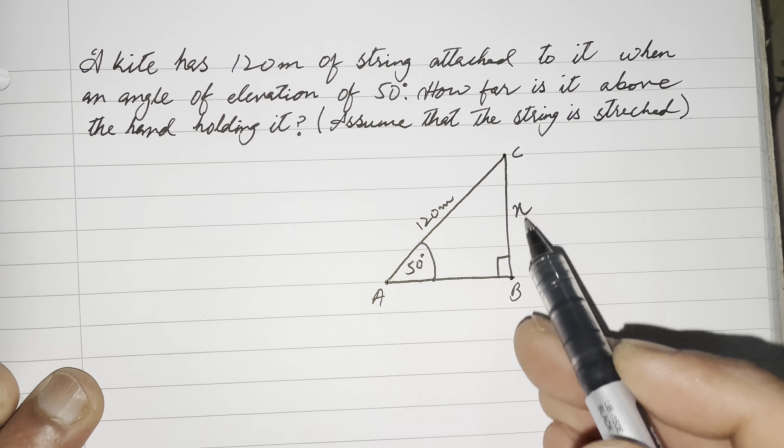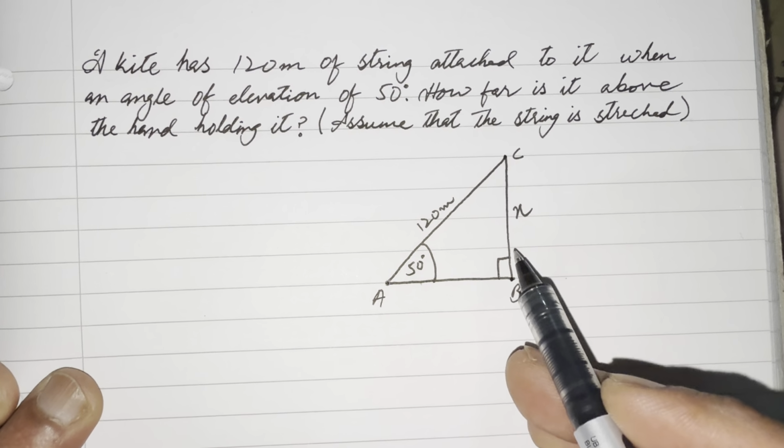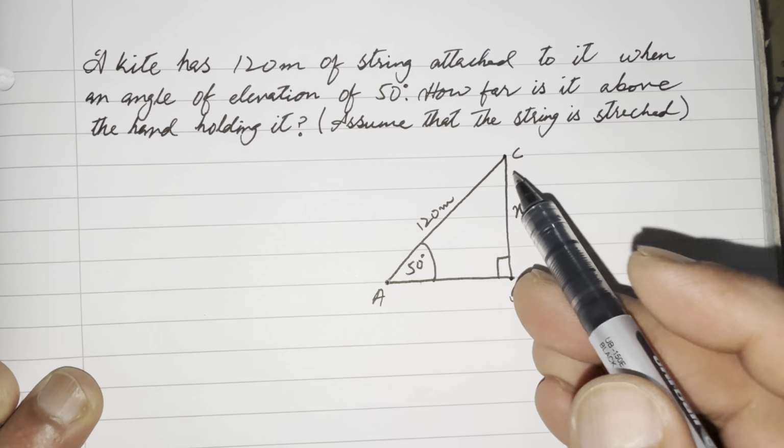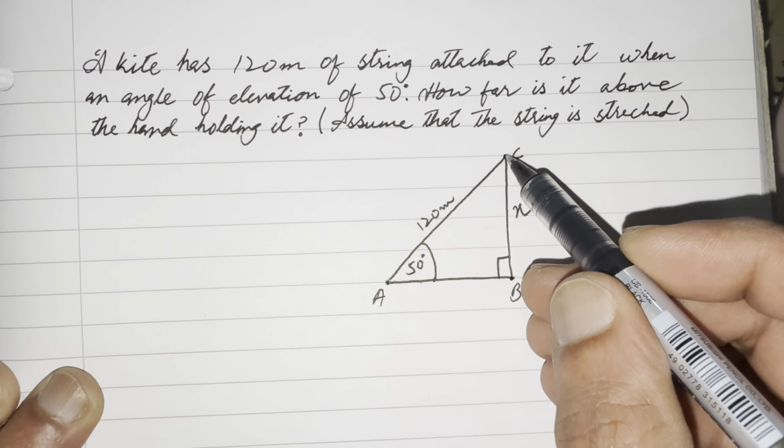In other words, from the ground level we have to find the height of the kite where it is flying.